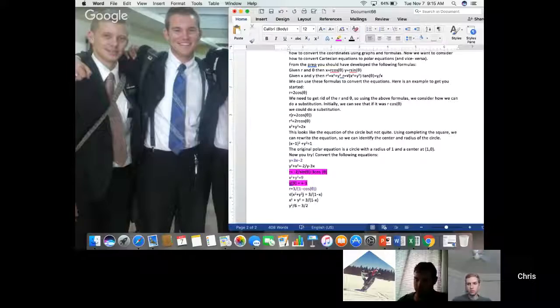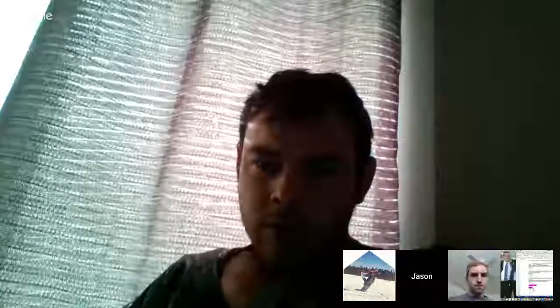Maybe if I go to the next page. So this says to convert r and theta to rectangular coordinates of x and y, we use x equals r cosine of theta and y equals r sine of theta.